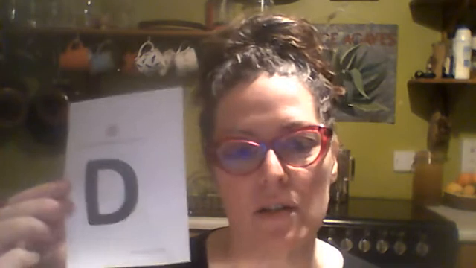Okay, so in our last lesson I said this can sound like D or J. So let's have a listen. With the broad vowels A, O and U, this is going to sound like D, exactly like it does in English. D, D. Okay? And when we put it with a slender vowel, it's going to sound like J, J. Okay?